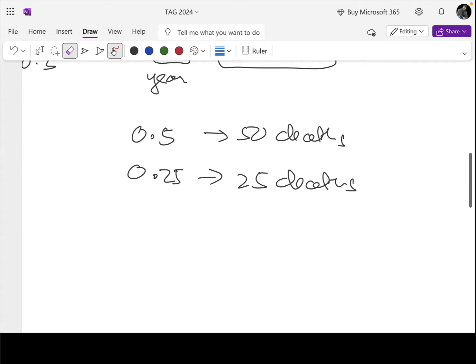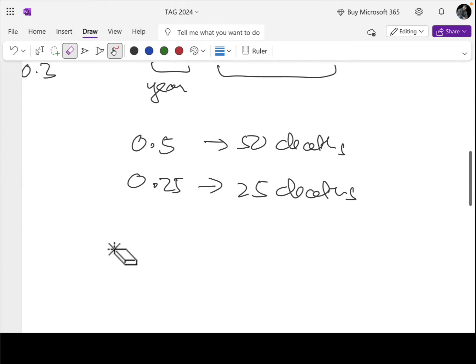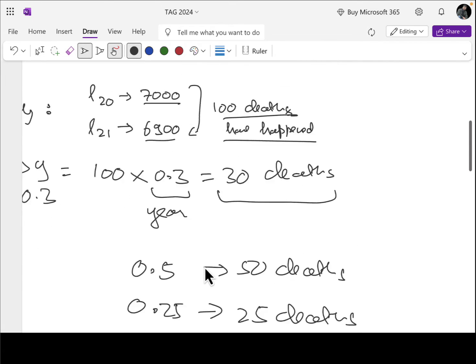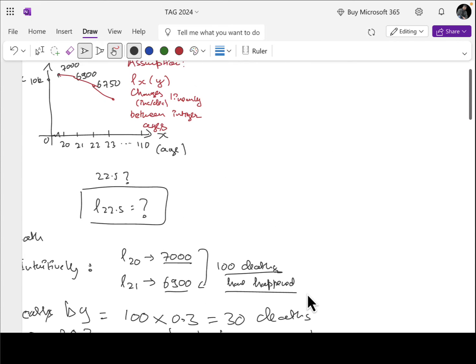So let's again try to understand that intuitively. If I am to calculate L20.3 in this case, how will I get that? That will be equal to 7,000 minus the 30 deaths that have happened, because deaths are happening and the number of lives are reducing.